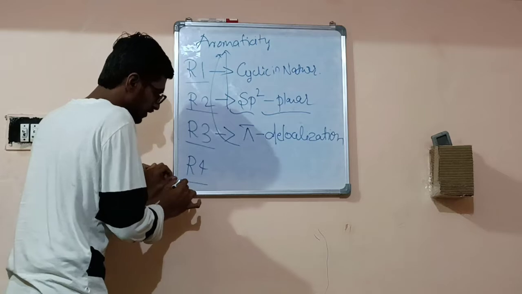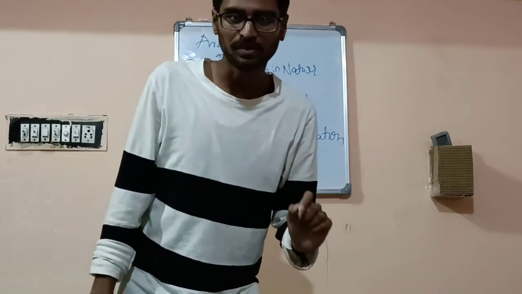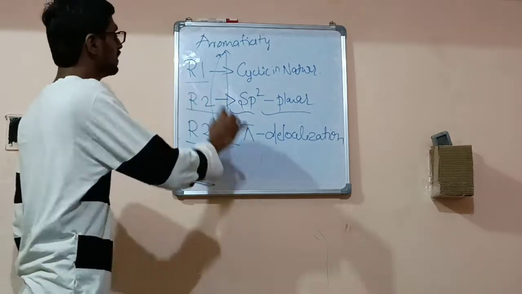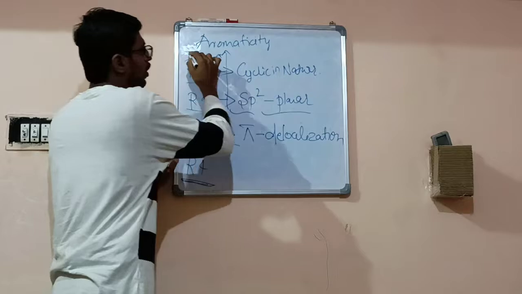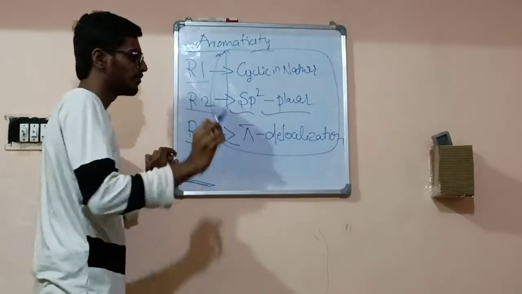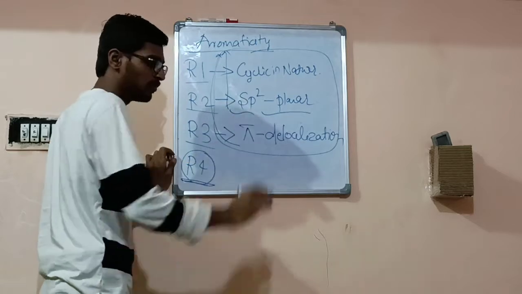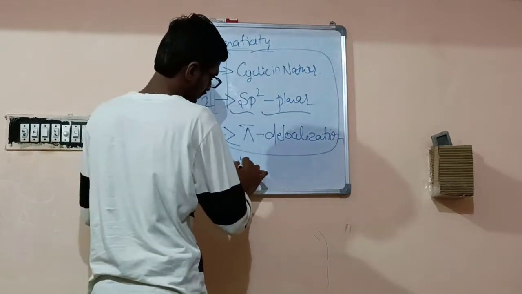Then the fourth rule, which is a very important rule, and also important for examination purposes, is Huckel's rule. If the compound satisfies these three rules, then there is one more important rule for aromaticity, that is called Huckel's rule.